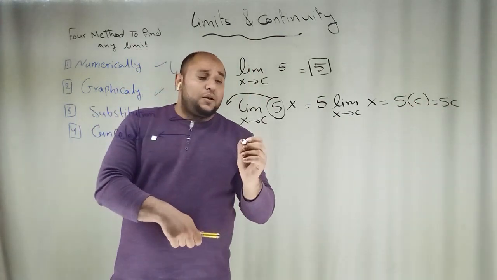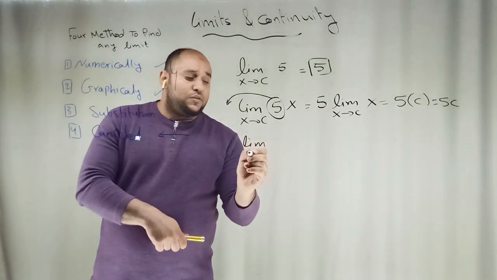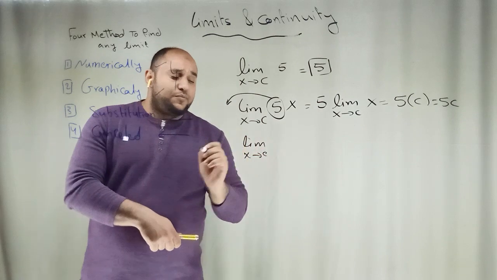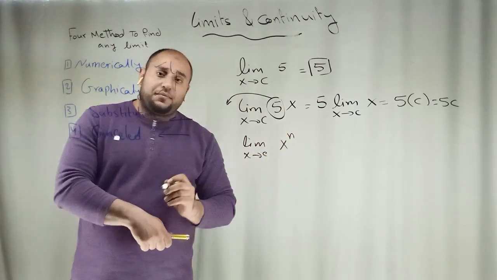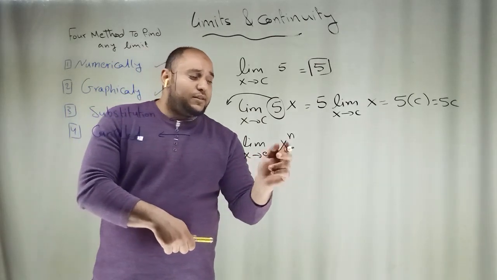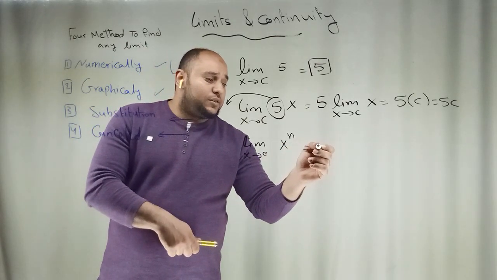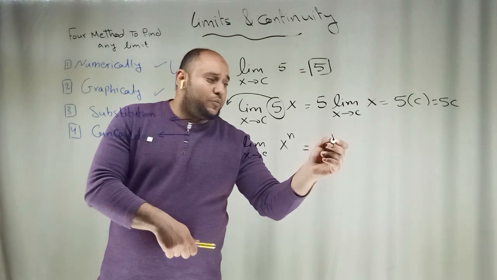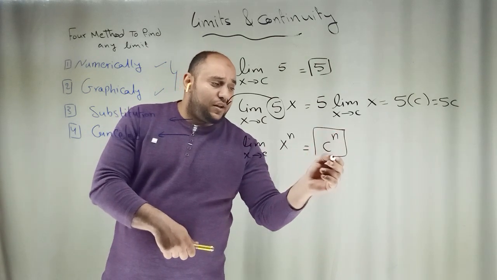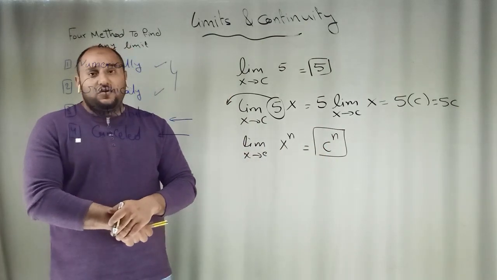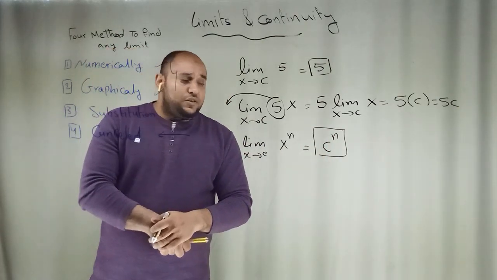What about if I give you the limit as x approaches c of x with power n? I have to replace x directly. x will be replaced by c and that will be the final value of this function: c to this power.